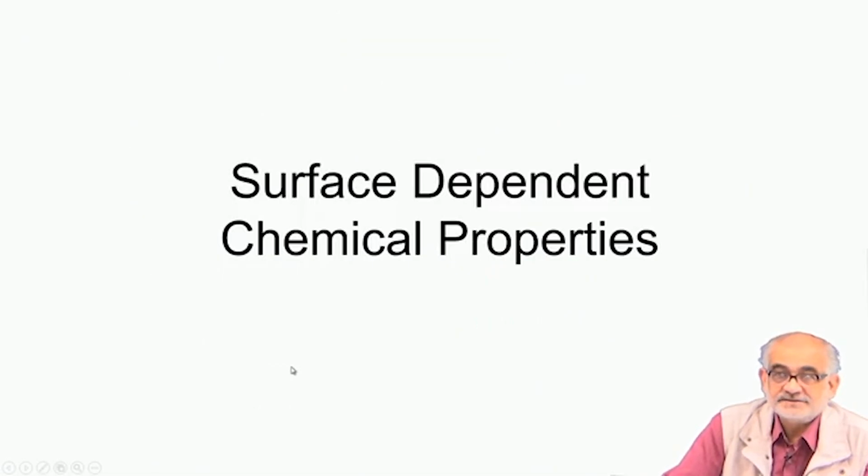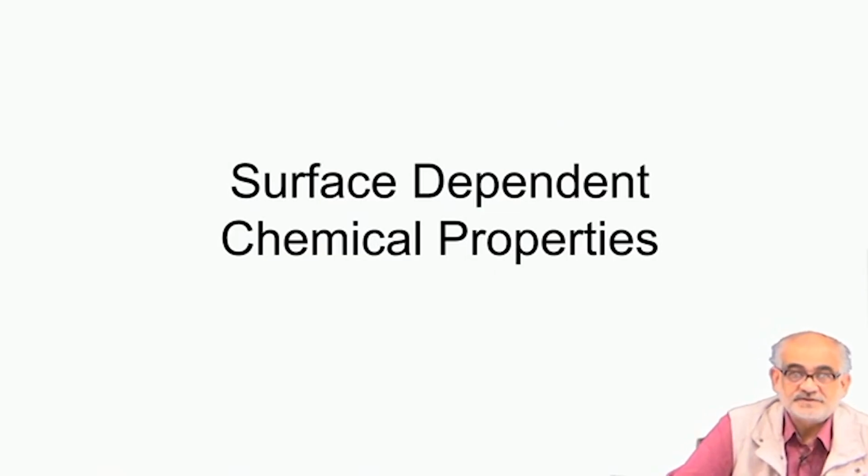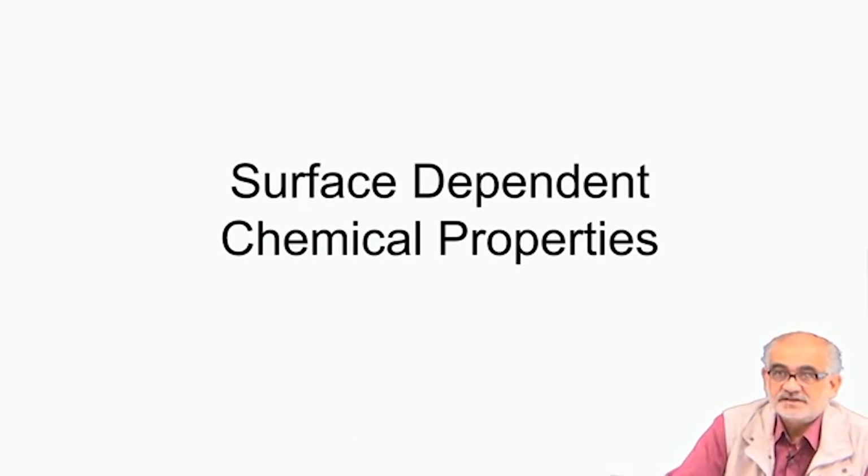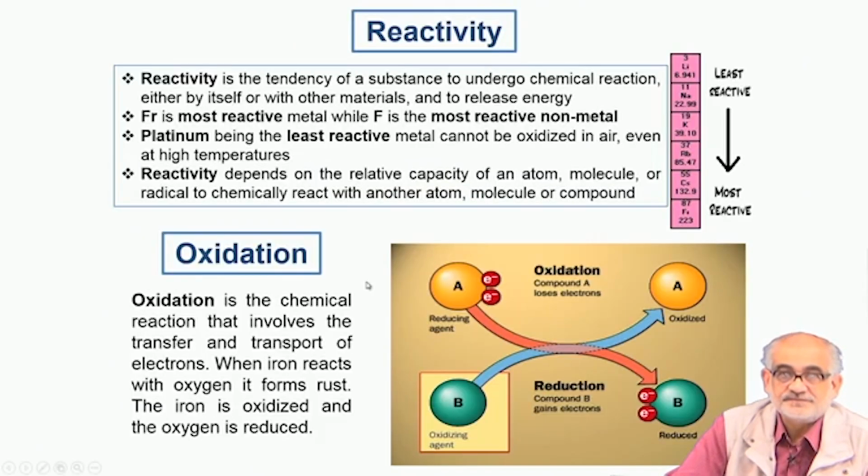All these, adhesion, cohesion, topography, photoelectric emission, thermionic emission, are surface dependent properties of solids due to various kinds of activation coming from different types of physical forces. Now we are going to examine similar properties which depend on activation coming from chemical forces.